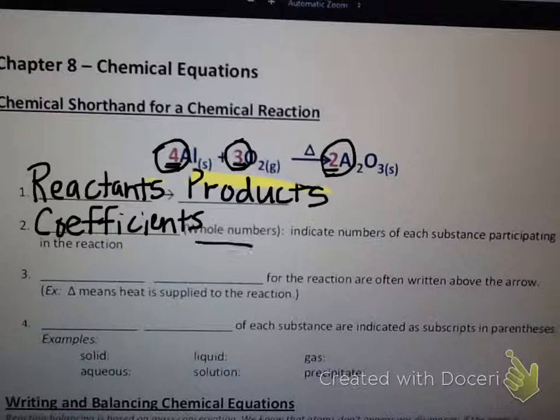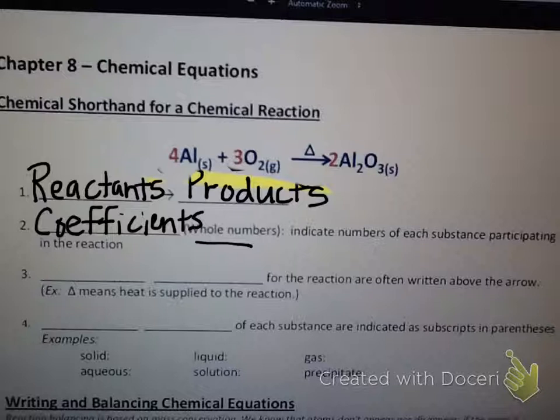Coefficients are always whole numbers in a chemical reaction, so you'll never see like 1.5 or something like that. They're always whole numbers, and that's because they indicate the number of each substance participating in the reaction. This chemical reaction up here, if we were to read it, now that we know our nomenclature, we can read it left to right. It says 4 atoms of aluminum plus 3 molecules of oxygen yield 2 formula units of aluminum oxide.